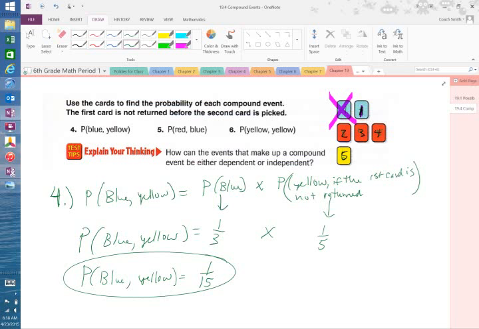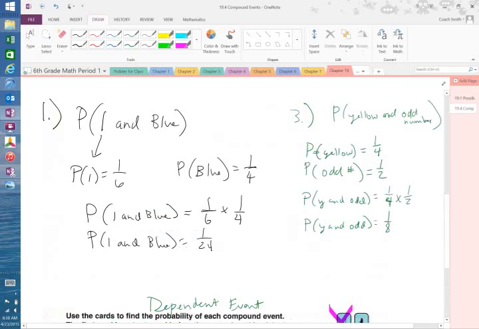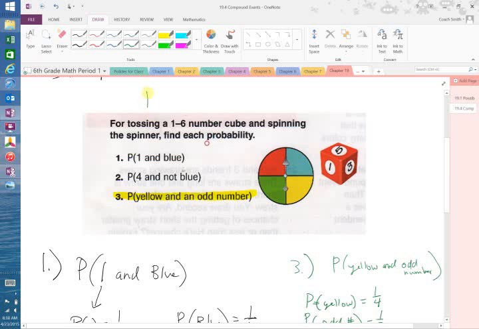So that is a dependent event. The first one we did, this one up here, was an independent event.